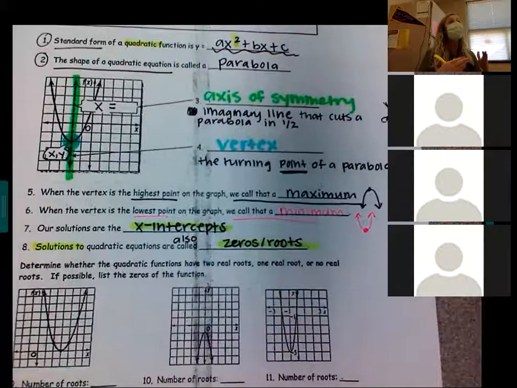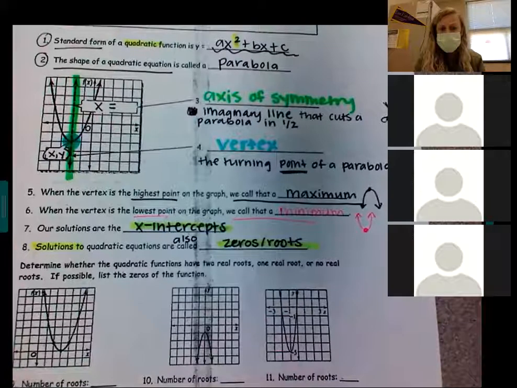So let's review from Unit 1. X-intercepts are where the graph touches what? Thank you, Shia. It's called an x-intercept. It's where it touches the x-axis. Y'all gonna write that because y'all didn't remember.